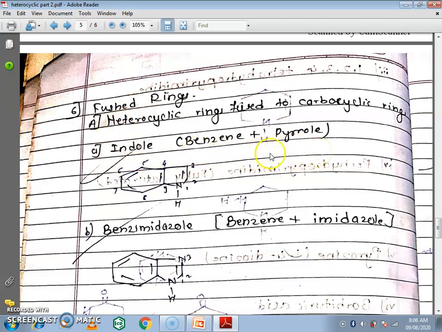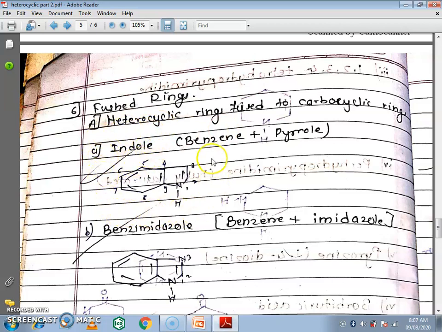In that we see the pyrrole, this is the heterocyclic ring, and benzene, that is the carbocyclic ring. What is a carbocyclic ring? The carbocyclic ring contains only carbon, not having any heteroatom. And a heterocyclic ring means that it contains carbon with a heteroatom. This is the first example, that is indole.